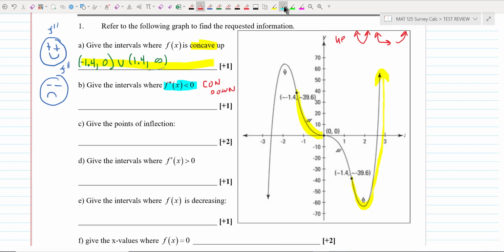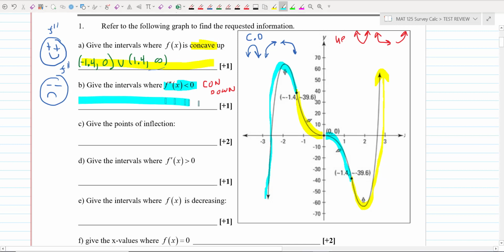So what I'm going to do is highlight this on here. That would be one place where you're concave down, and this would be the other place where you're concave down. And remember, concave down has shapes going the full downward U shape, or half of that. It's important that you understand there are different ways concave up and concave down could look. Then we'll name this in interval notation.